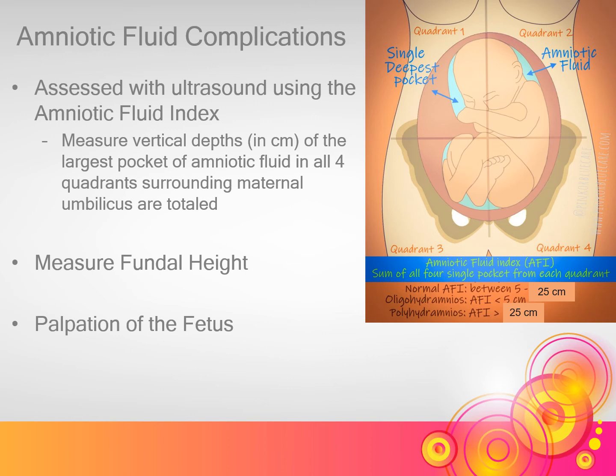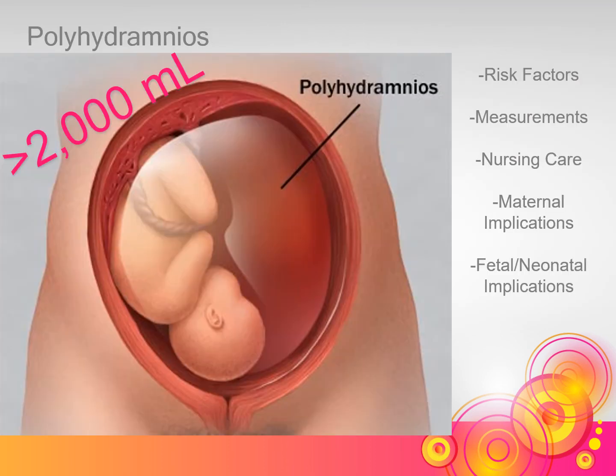Okay. Other ways to identify these complications is to measure the fundal height and also attempting to palpate the fetus. Okay, so polyhydramnios, which you will also hear referred to as hydramnios, is technically more than 2,000 mLs of amniotic fluid.